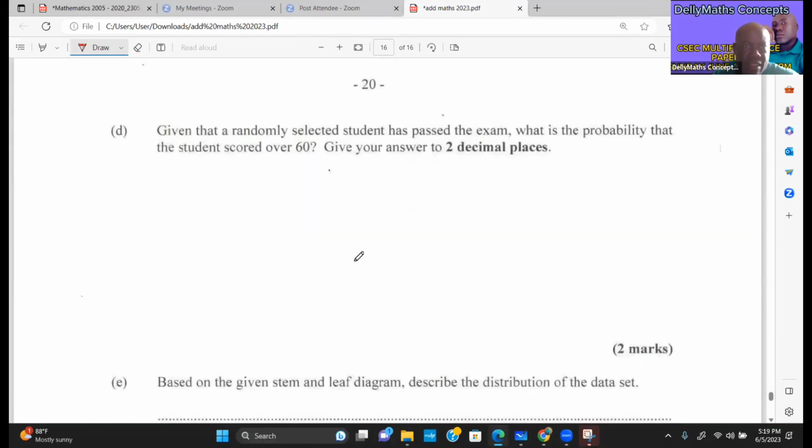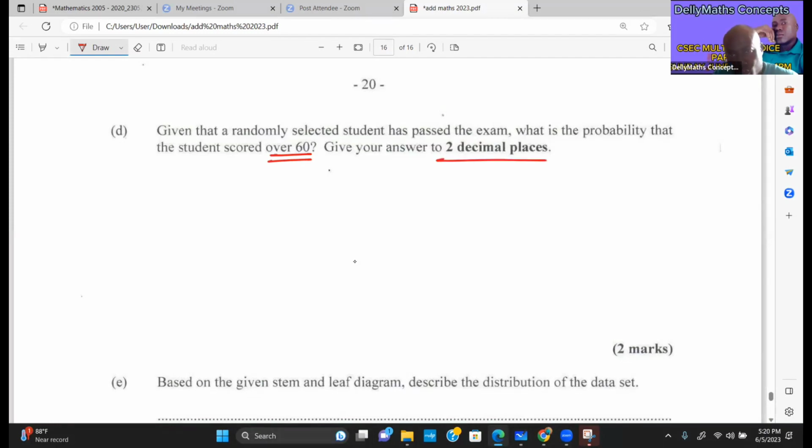Next question says, given that a randomly selected student has passed the exam, what is the probability that the student score over 60?